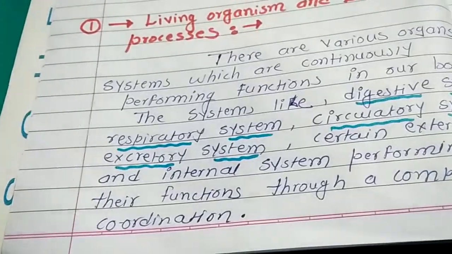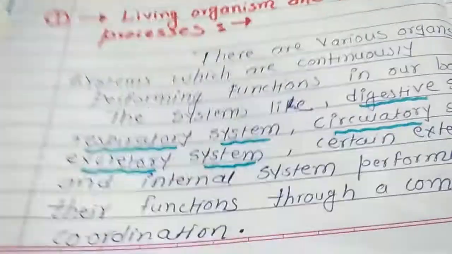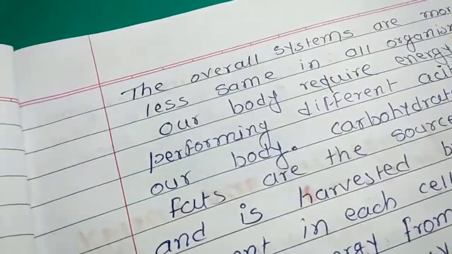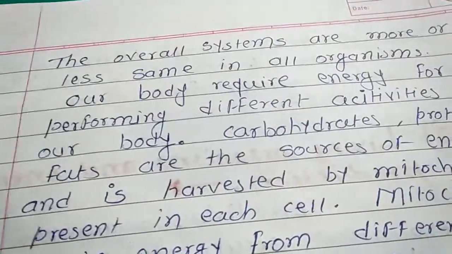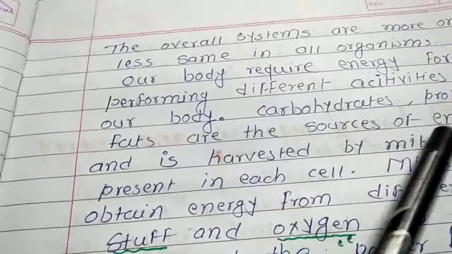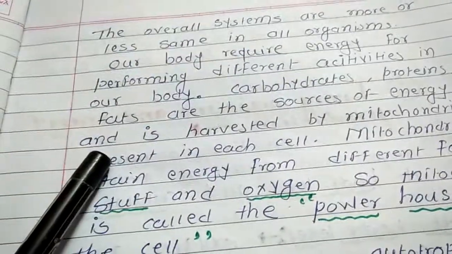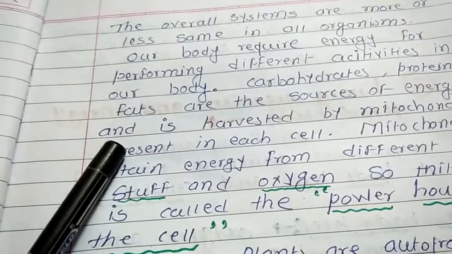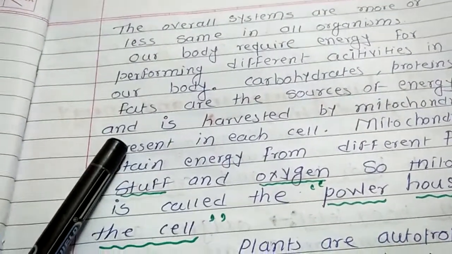From where do we get energy? We get energy from different types of food material, such as carbohydrates, proteins and fats, which are the sources of energy, and from which we get a lot of energy for performing various activities in our body.